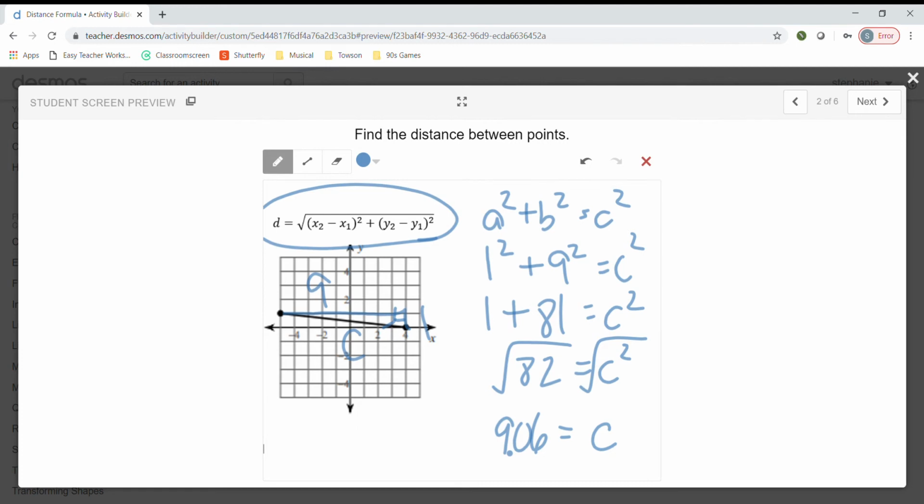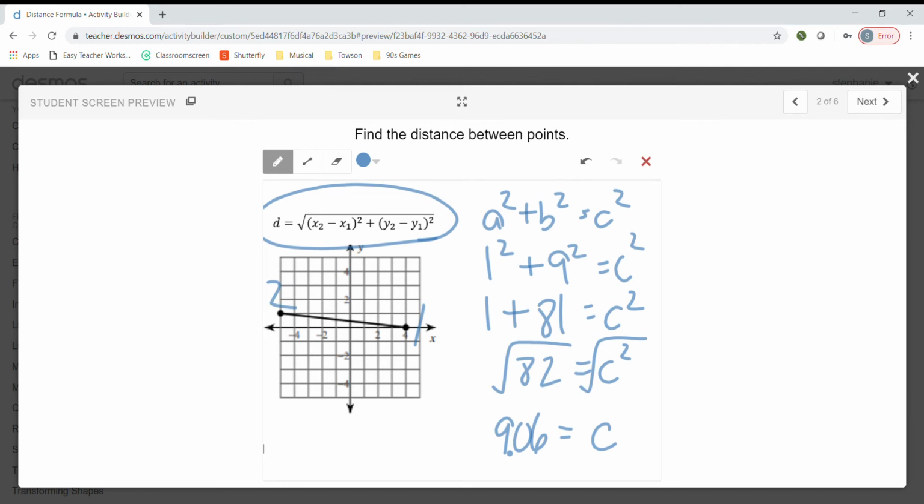Now, what I'm going to take a look at here is the points, because we can actually do it. We've already done the subtraction that talks about in this equation, but we're going to look at it as to why it works. So let's call this point 1 and this point 2.